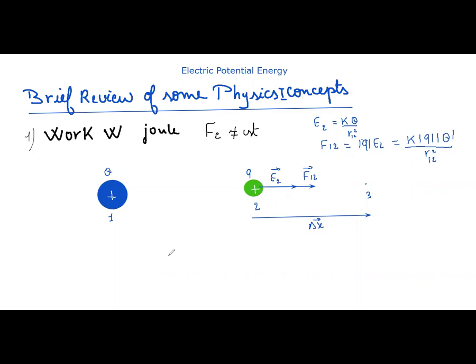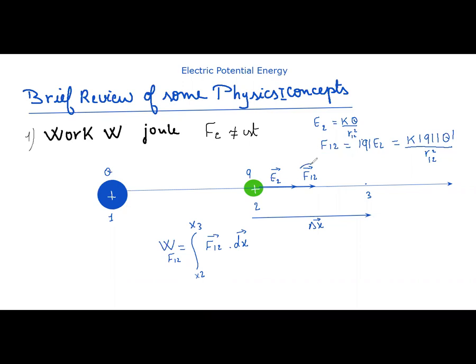As F is not constant, the work done by F equals the integral between 2 and 3. We can say here we have the x-axis. So between x2 and x3, we have F1,2 times dx.